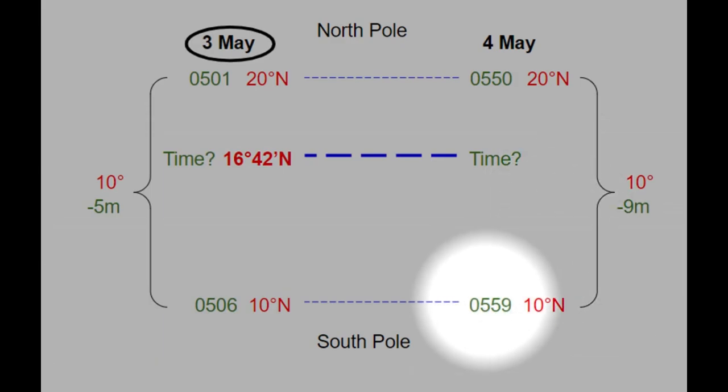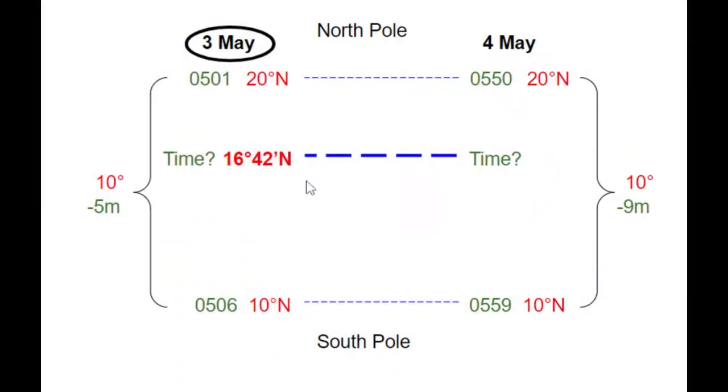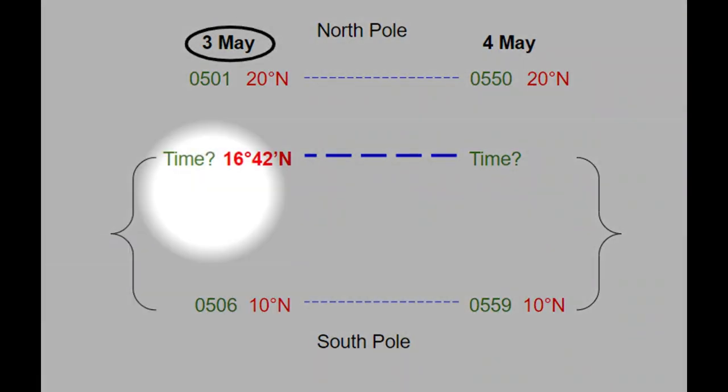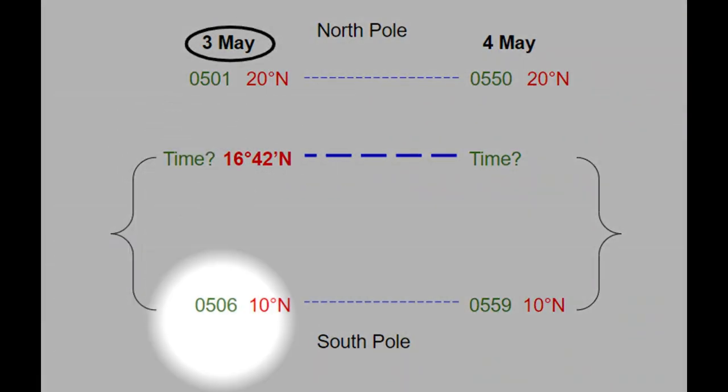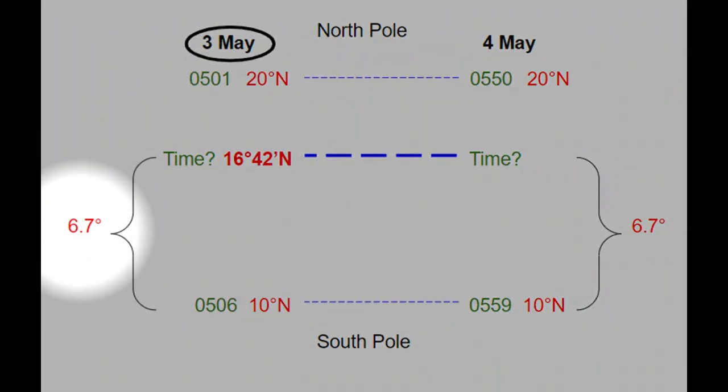For 4 May, we took 0559, and to get to 0550, we had to subtract 9 minutes. So that's where we got our tabulated latitudes and our difference in times. Next up, we need to figure out how far we are from that tabulated latitude. We did a little bit of math and figured out we're 6.7 degrees from our base latitude.